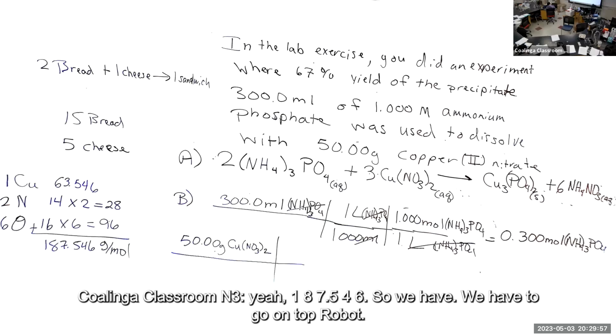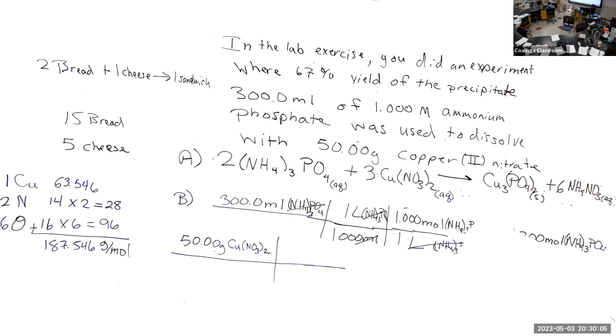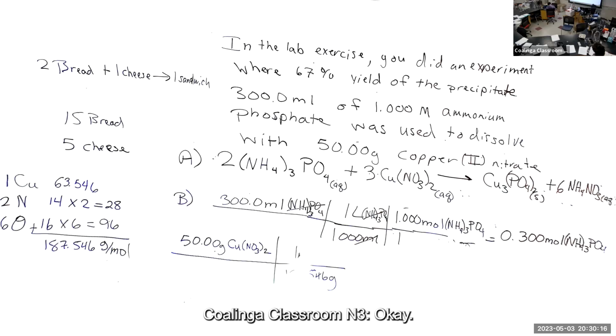So we have 187.546 grams per mole. Grams should go on the bottom, so we're going to put moles on top, and then copper 2 nitrate.